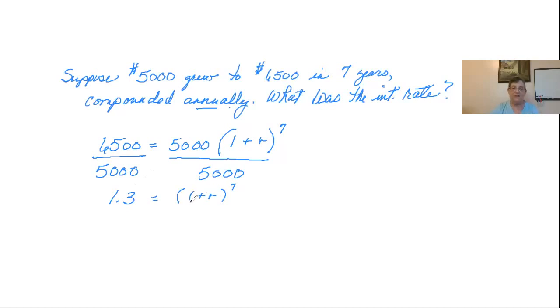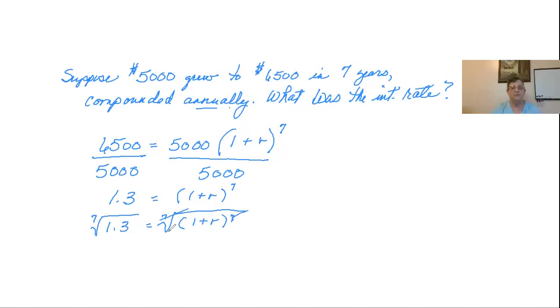I can't get a hold of the R unless I can get rid of this exponent 7. So if I take the 7th root of each side, these are going to cancel.